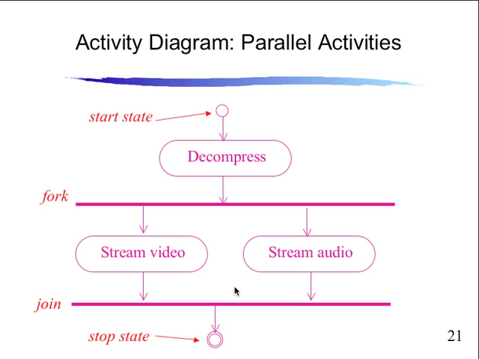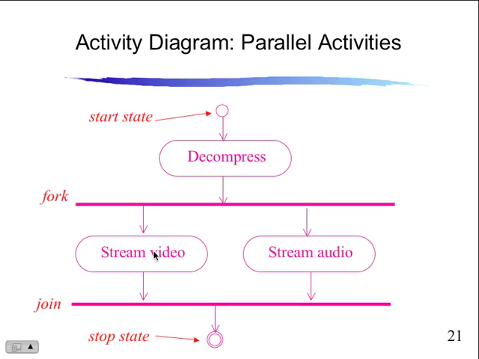And then we have parallel activities. Try to show this in an entity relationship or a data flow. It doesn't work either. And what are we looking at here? We've got a start state, and then we have a decompress. We're translating video or audio, multimedia, converting it.